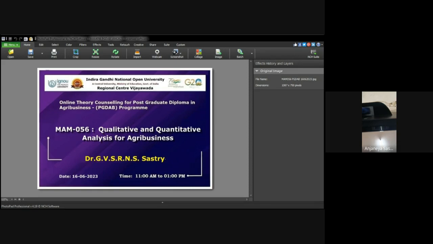Projective techniques means there should be certain data. By observing the trend of the data, the researcher can predict the future.